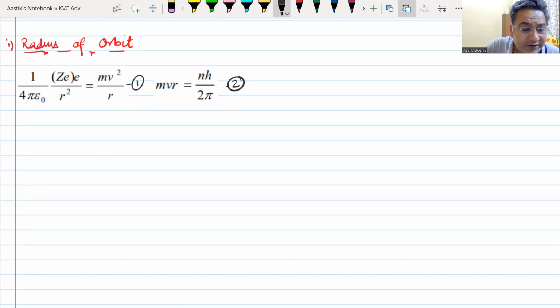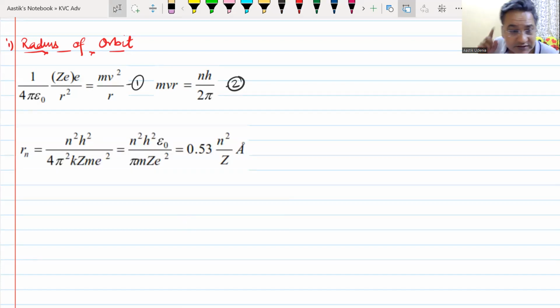Eliminating different things between these equations, we can find out the radius of the nth orbit of hydrogen or hydrogen-like atoms, and the radius of this nth orbit is given by this formula: n square h square by 4 pi square k.